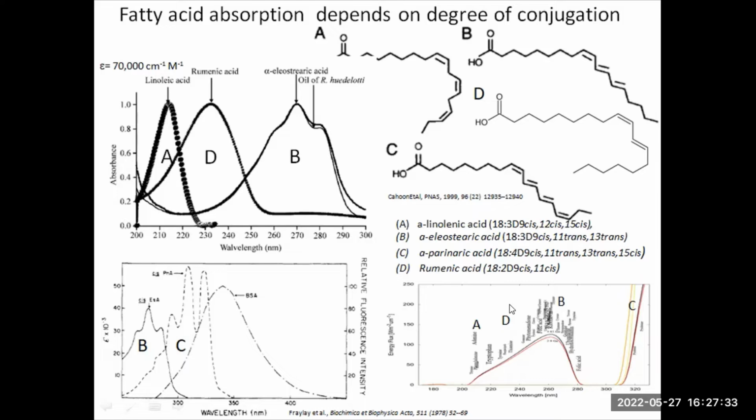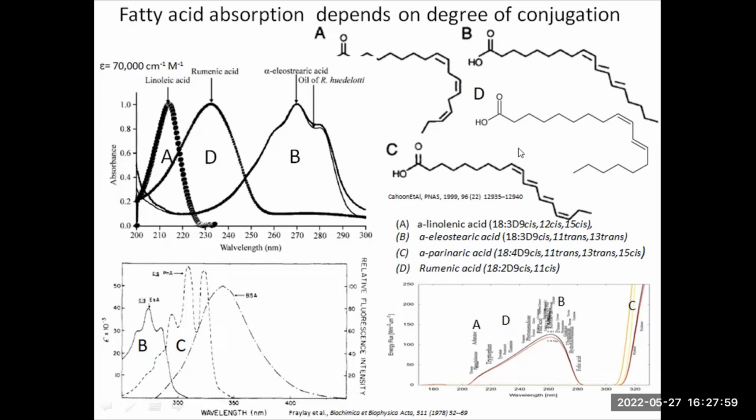This picture below is a graph of the incident sunlight as a function of wavelength in the UVC range. We see where these different fatty acids are absorbing. Okay, so B, which corresponds to these 3 conjugated bonds, absorbs very strongly around the peak.